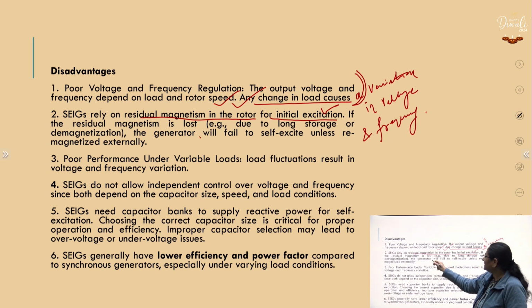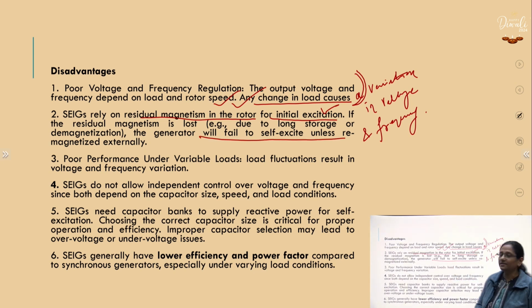So, the generator will fail to self-excite unless it is remagnetized externally, so that it has some residual magnetism when we start the machine as a generator. Poor performance under variable loads, as I mentioned as the first point as well: load fluctuations result in fluctuation of the voltage as well as frequency.